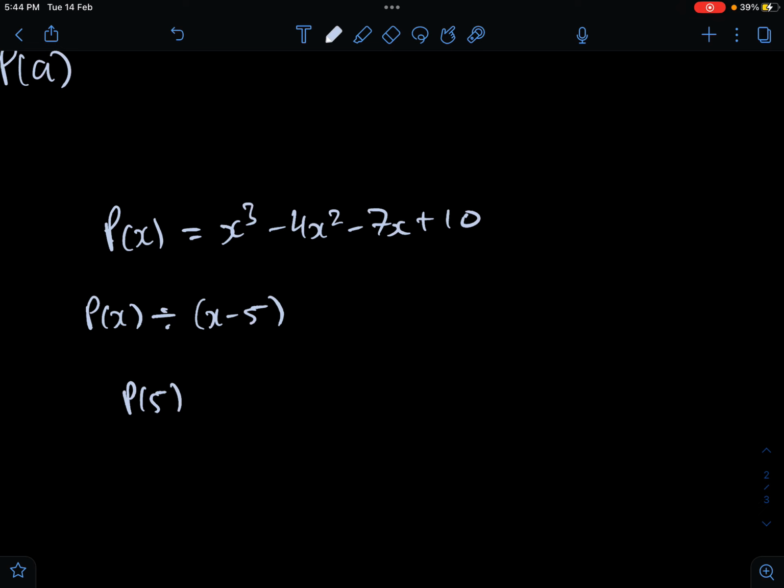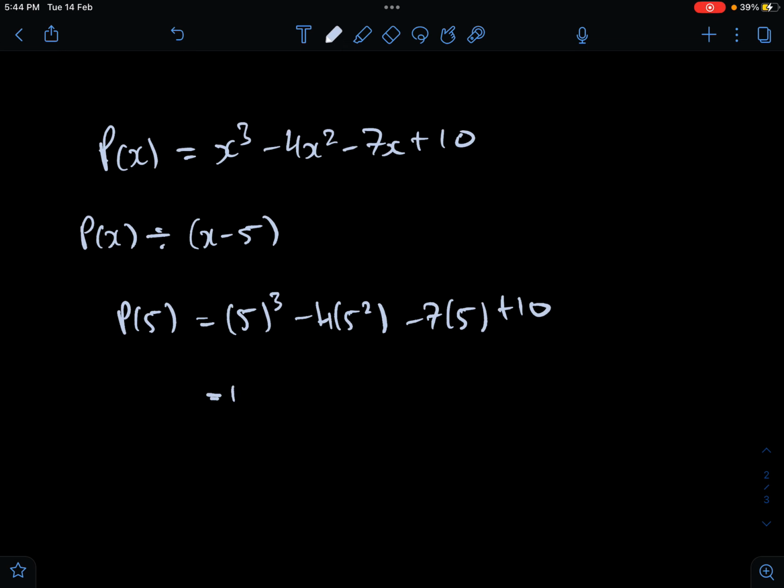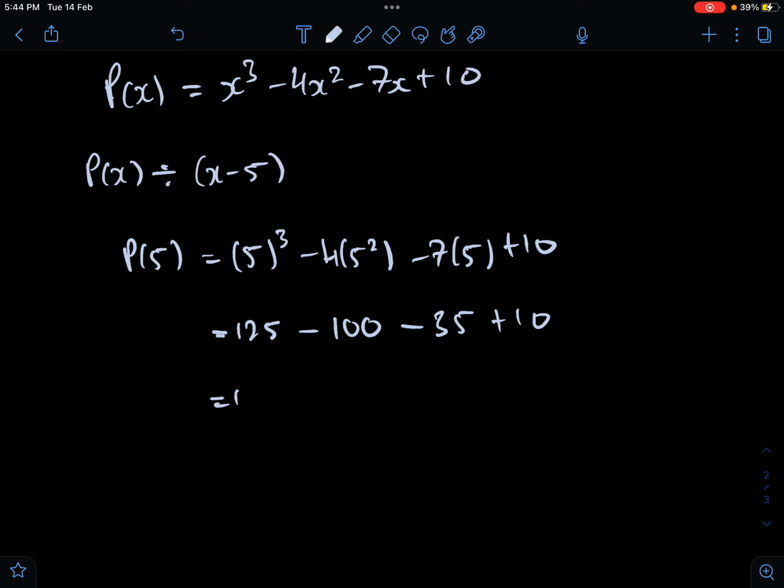P of 5 equals, and then we just sub it in just like we did before: 5 cubed minus 4 times 5 squared minus 7 times 5 plus 10 equals 125 minus 25 times 4, 100, minus 7 times 5, 35, plus 10 equals 125 minus 100 minus 35 plus 10 equals 0.